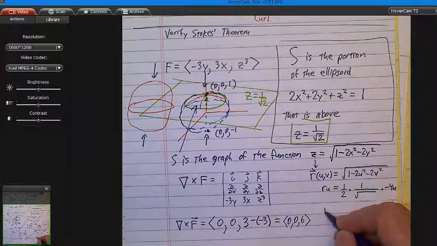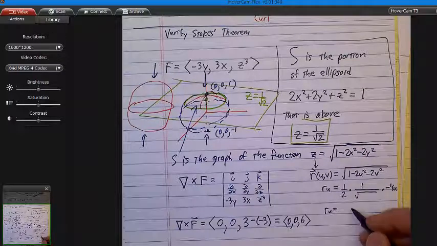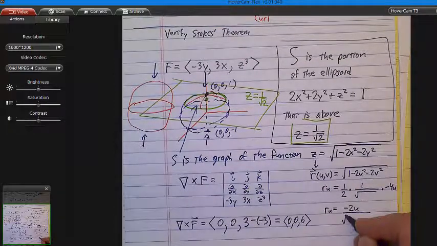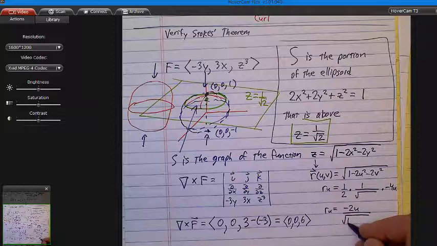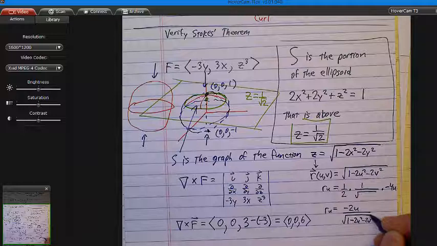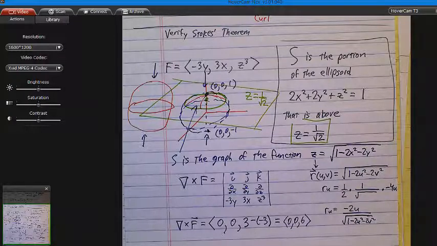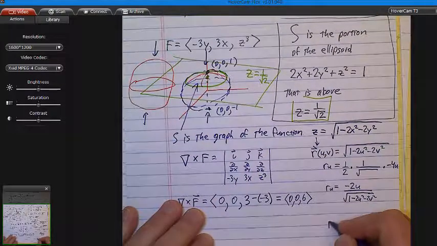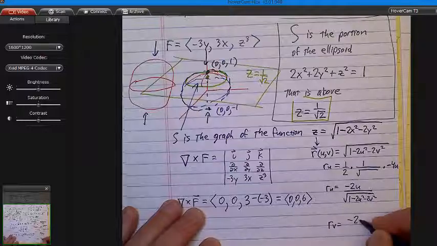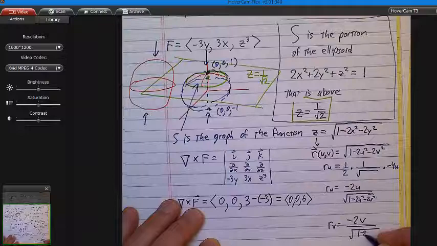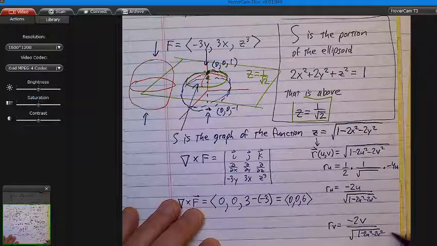So r_u is going to be, I guess, negative 2u over the square root of 1 minus 2u squared minus 2v squared. Is that okay? And if you believe that, you'll probably believe that r_v is going to be negative 2v over the square root of 1 minus 2u squared minus 2v squared without me showing any work.